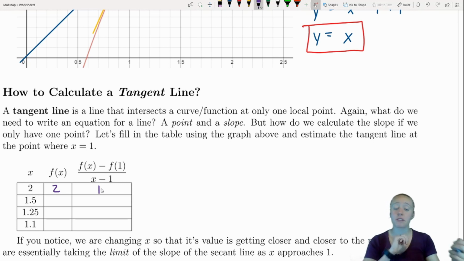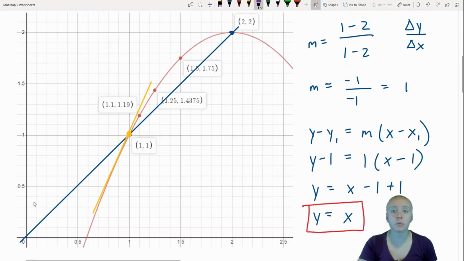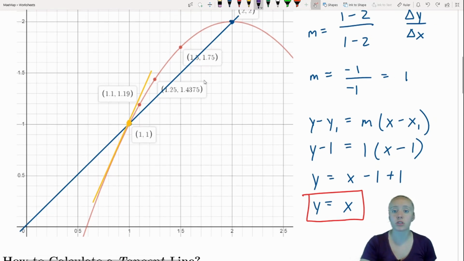Or in our case, we had flipped those points around and got negative 1 over negative 1, which the negatives cancels out. So again, it doesn't matter what point we start at, as long as when we go to calculate the tangent line, we get closer to the x value at that point. So now let's look at an x value of 1.5. Well, if we look at the graph above, when we're at 1.5 in the x, we're at 1.75 in the y. So let's fill that in.